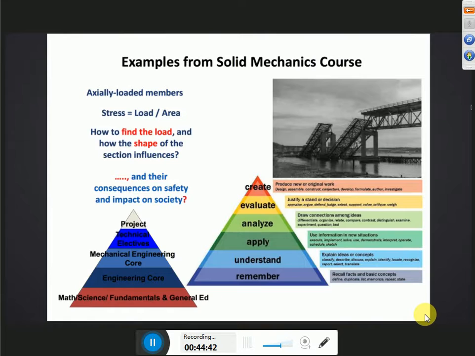For example, what is the safety and the impact on society? In this example, the safety issue is that if I am the unfortunate person trying to cross the bridge and the bridge collapses, then myself and a car, we go down. So it's not only the safety of the passengers currently on the bridge.